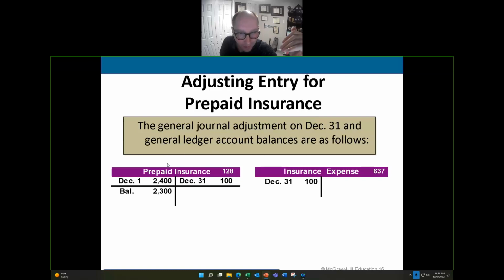December 1, we debited prepaid insurance, we credited cash. December 31, we debited insurance expense and we credited prepaid insurance. That December 31st transaction is called an adjusting journal entry.